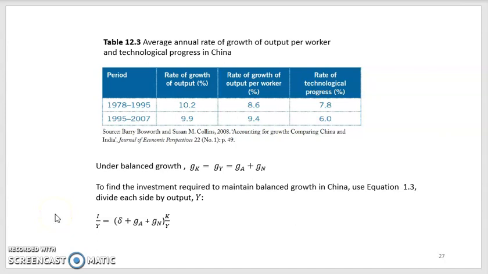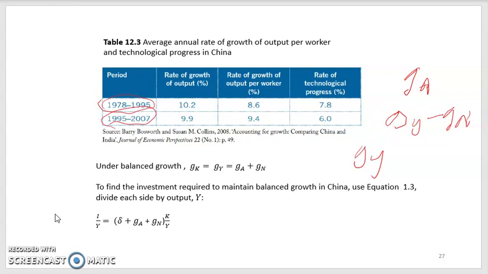Table 12.3 gives the average rate of growth of output, GY, the average growth rate of output per worker, GY minus GN, and the average growth rate of technological progress, GA, for the periods 1978 to 1995 and 1995 to 2007.